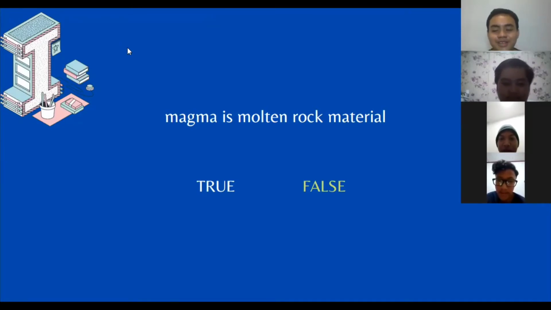What about Fikri? True. Fikri, true. Are you guys sure of your answer? Wait, Abdul and Rafli, false? Answer it, guys. True. Oh, Abdul, true. Fikri, true. Rafli, false. Okay, let's check the best answer.